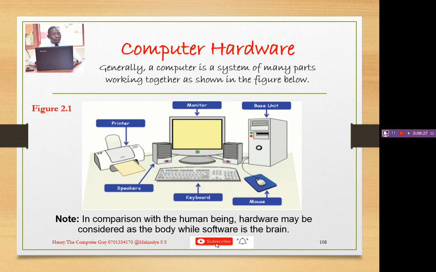But the brain, you cannot see it, but you can know that someone has a brain, depending on what someone utters or says always. But you're not actually, in real life, seeing the brain. So in this case, it will act as our software.